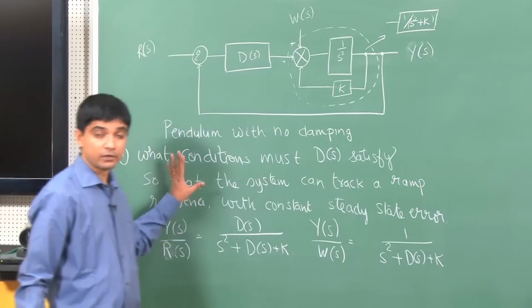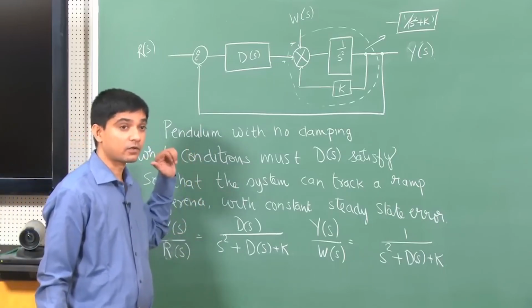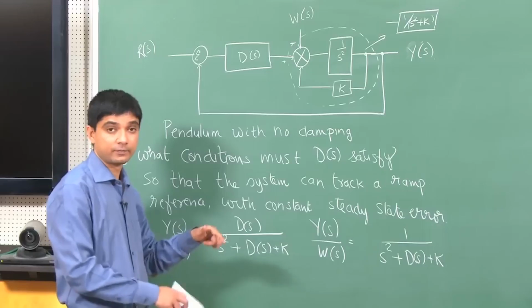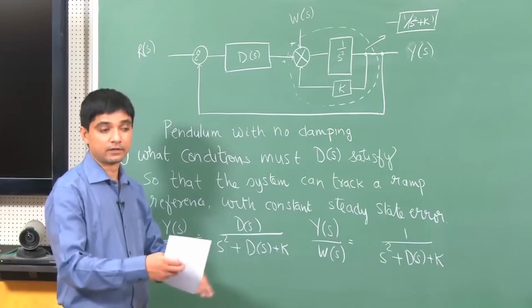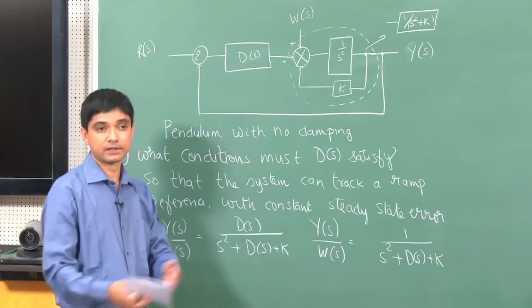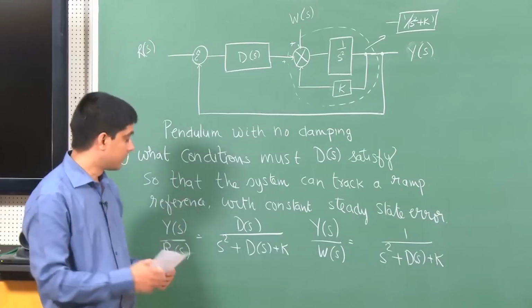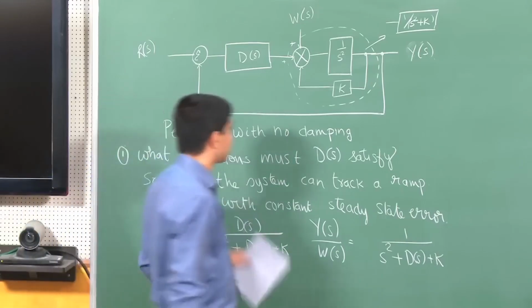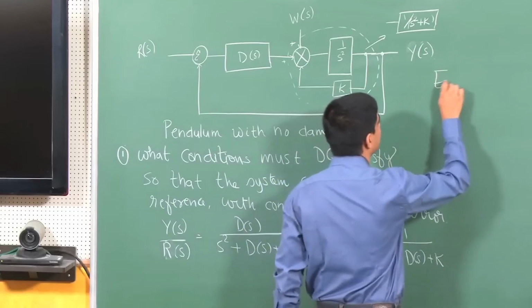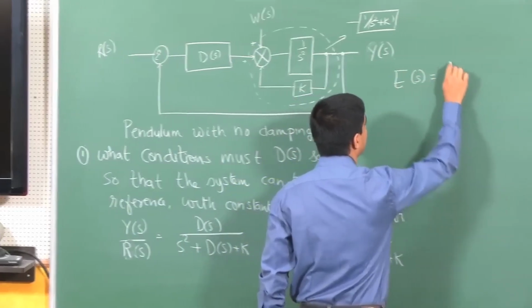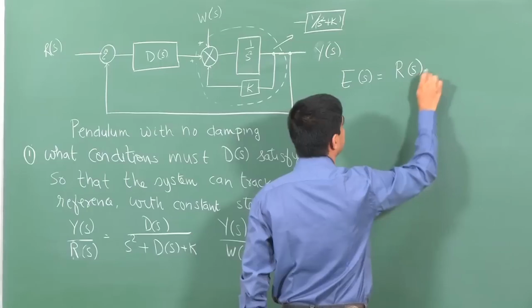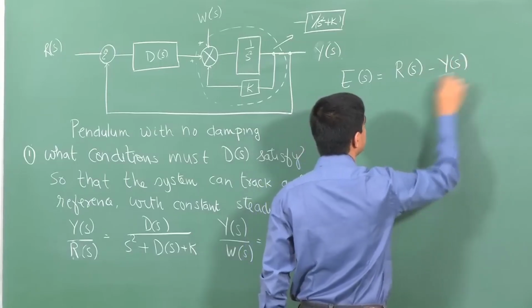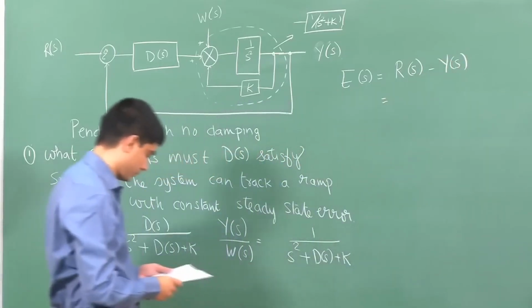This is very similar to what we did while finding out the error constants, right? A type 1 system can track a velocity, a ramp signal, with certain steady state error, and so on. We had a little table for that, right? So, okay. First thing is, what is the error? Error is the reference minus the actual output.